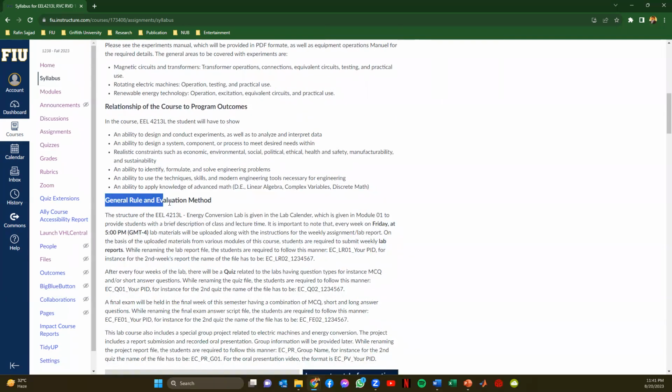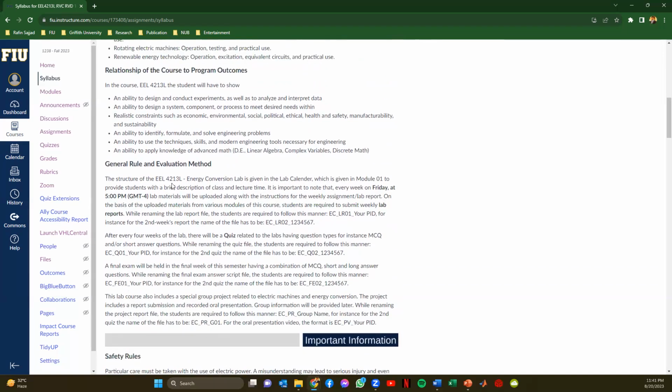I have put general rules and the evaluation method. I have also mentioned that there is a lab calendar. If you go to module 1 and see the lab calendar, you will see the course outline.